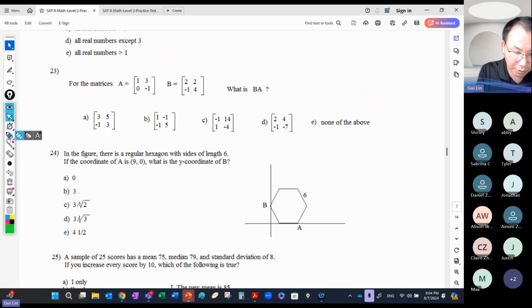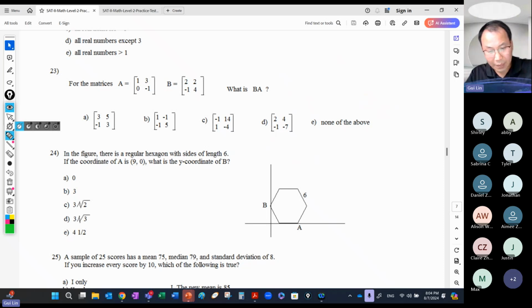Okay, let's go to 24. In the figure, there's a regular hexagon with sides of length 6. If the coordinate of A is 9, 0, let's mark here, 9, 0. What's the y coordinate of B? So this is 6, 6, 6, 6, 6, 6, right?